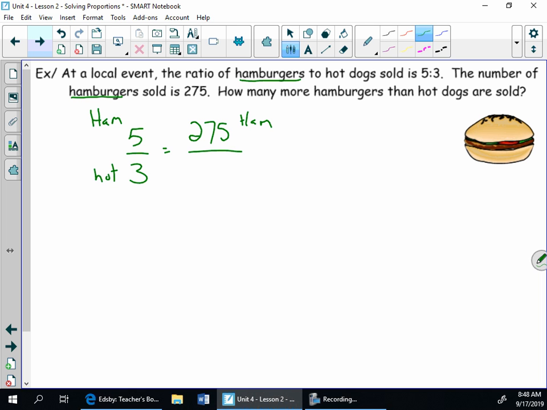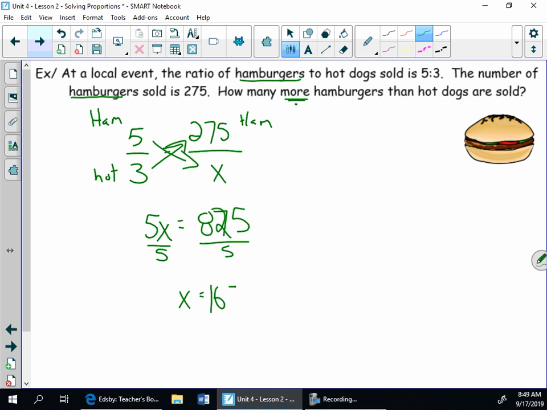How many more, keep that in mind for later, hamburgers than hot dogs are sold? There's my x. Okay, cross multiply. 5 times x. 3 times 275 makes 825. That's 5 x's. I want to get 1 x. So divide by 5, and we get 165 hot dogs.